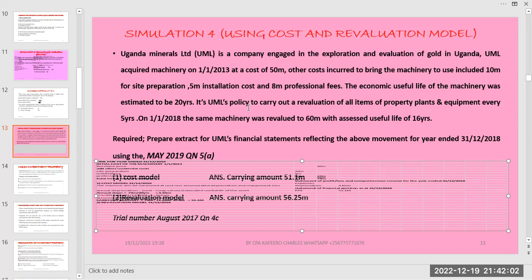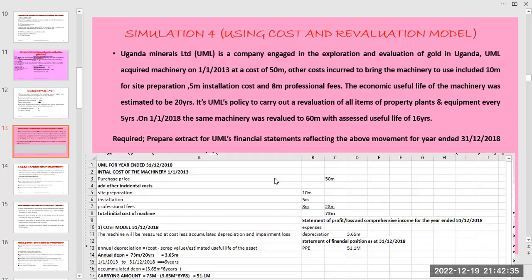But remember, the date when they did the revaluation is not the same date we are reporting. So after knowing whether there is a gain or a loss on revaluation, we should go ahead and calculate the carrying amount of the asset at the date when they were doing the reporting, because they reported on 31st December 2018, but they did the revaluation on 1st January 2018.